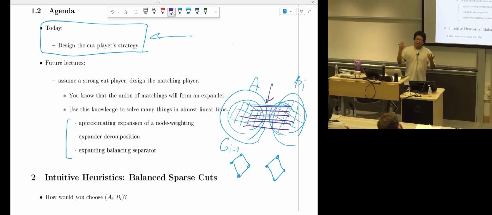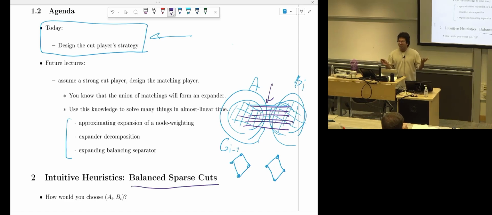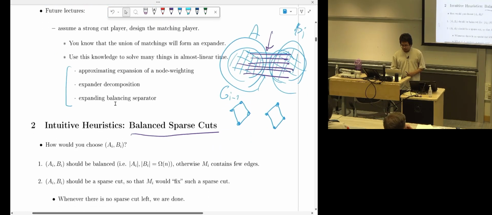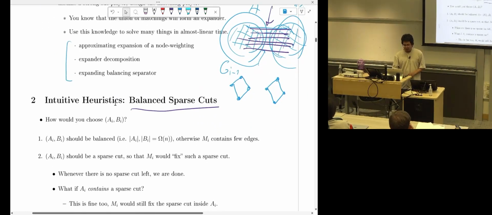So you want A_i and B_i to be balanced. At the same time, you want to fix sparse cuts. So the idea is just to find a balanced sparse cut. Whenever there is no sparse cut left, we would be done.